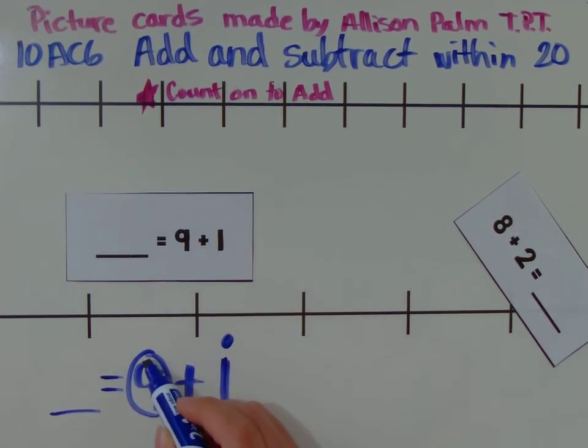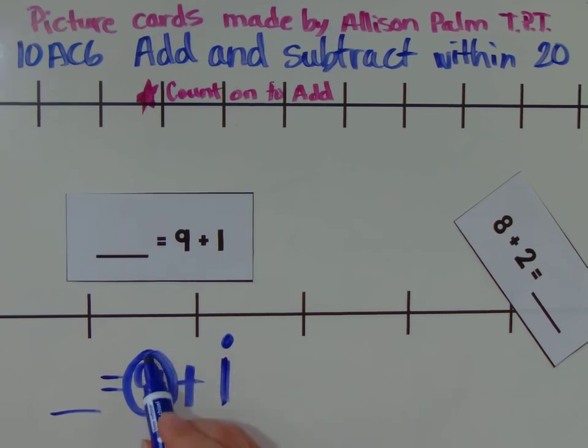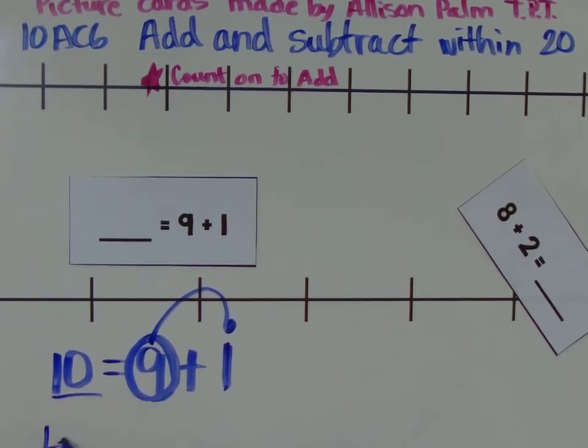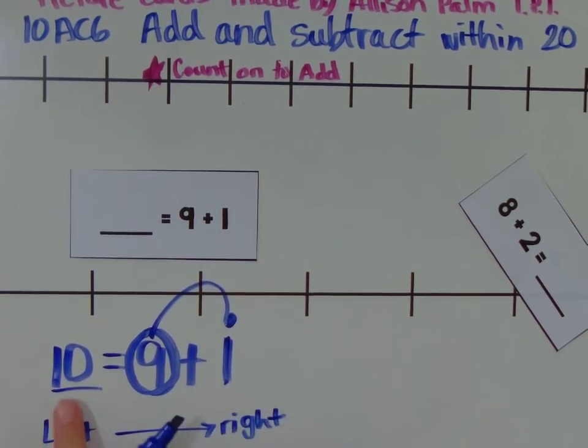Let's count from 9 on. Ready? 9, count on. 10. So my total or whole is 10. Let's read from left to right. Okay, this says 10 equals 9 plus 1.